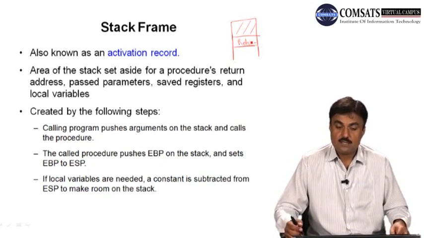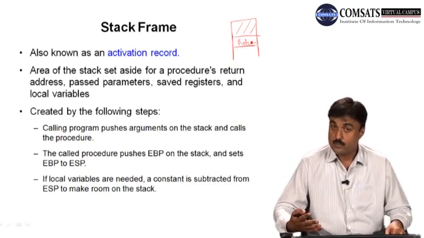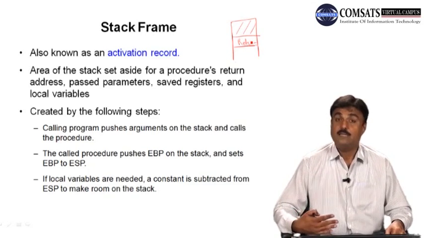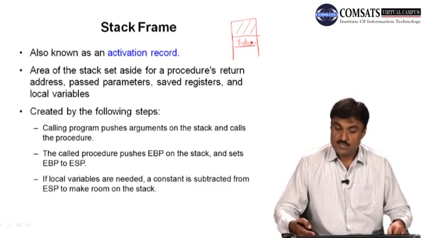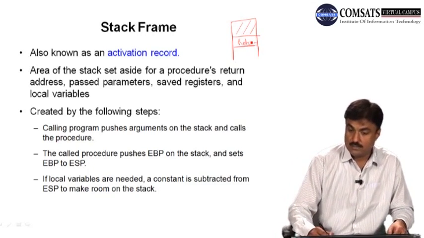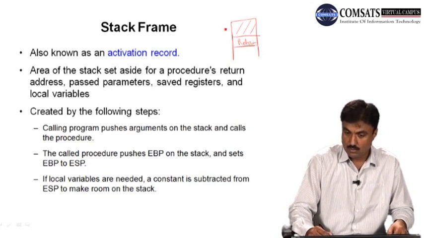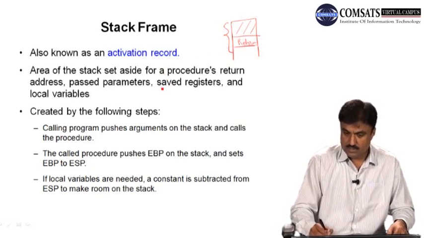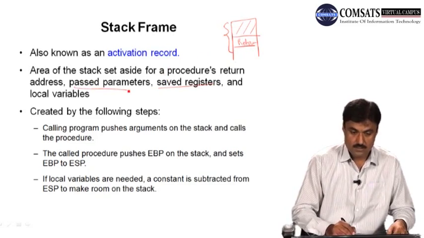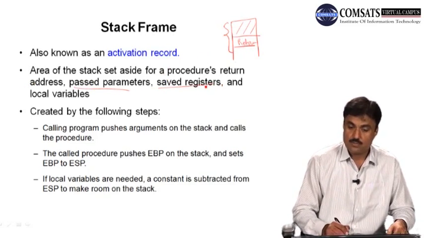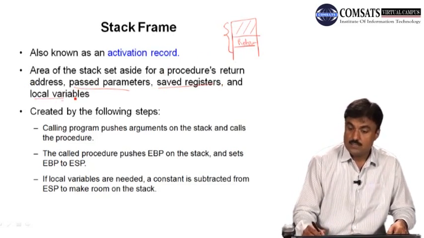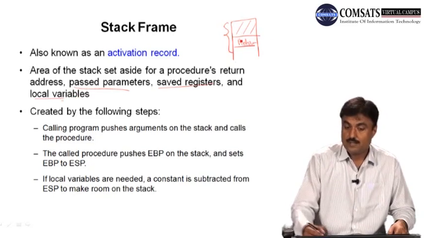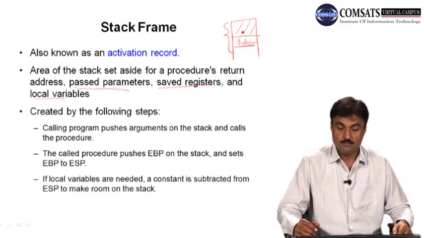So the area of a stack set aside for the procedure's return address, the passed parameters, saved registers, and local variables. So this whole area, which includes these saved registers, passed parameters, return address, and the local variables, is called the stack frame or the activation record.